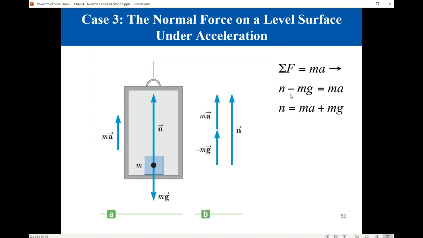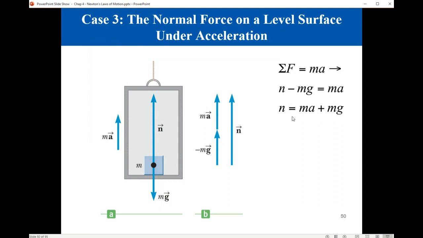So the net force here, N minus mg, is equal to ma. Right? This is Newton's second law. The net force is equal to mass times acceleration. So from this equation, we solve for N, and N now is equal to ma plus mg.